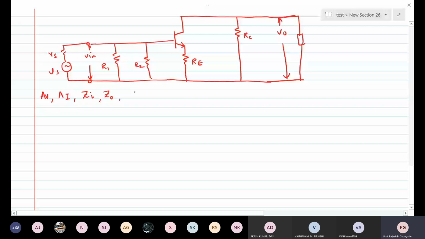So these things are very, very important. These are the 5 parameters, which is why we are doing all this.